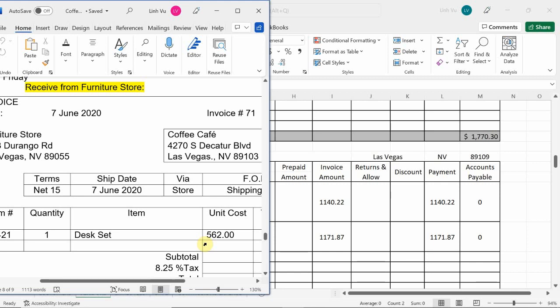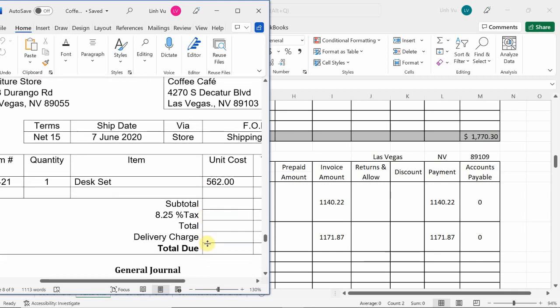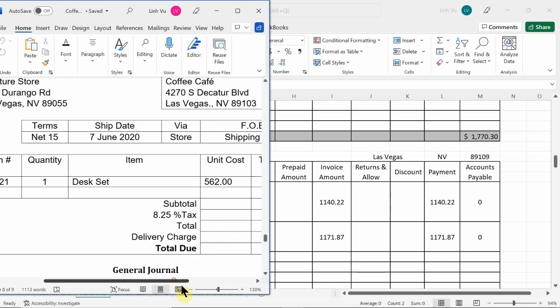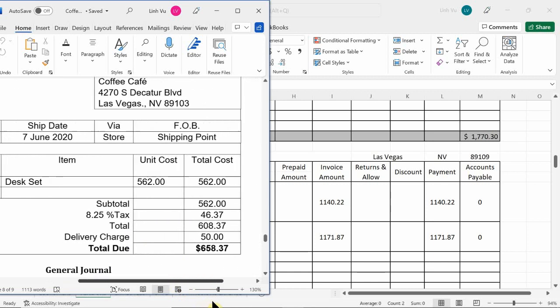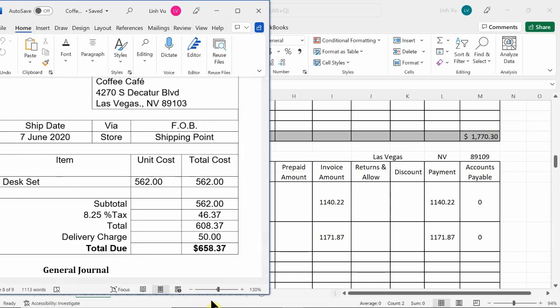So here is the subtotal plus the tax. Okay, so tax came out to be a total of $46.37, plus there were shipping charges of $50. So here gives me the grand total due for the desk set to be a grand total of $658.37.